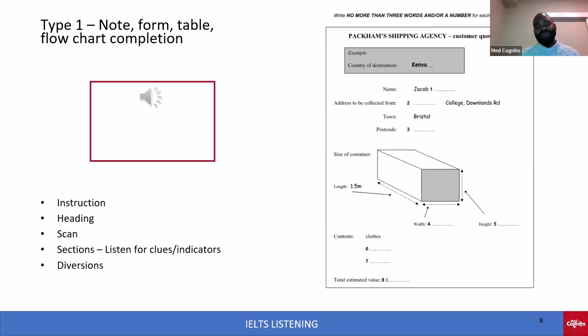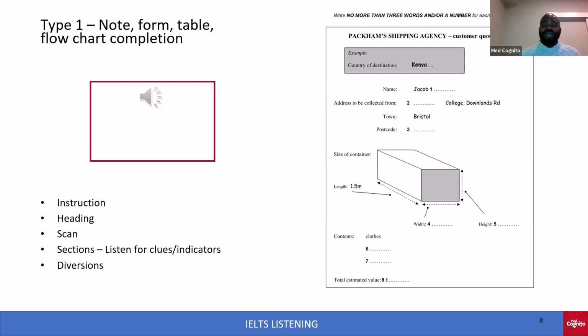So what you would have to do is listen to clues or key indicators that will let you know that the speaker is shifting from talking about country of destination to now talking about, let's say, address to be collected from. He shifted from address to be collected from to now talking about size of the container. He or she has shifted from talking about the size of the container to now talking about the contents of a given box.